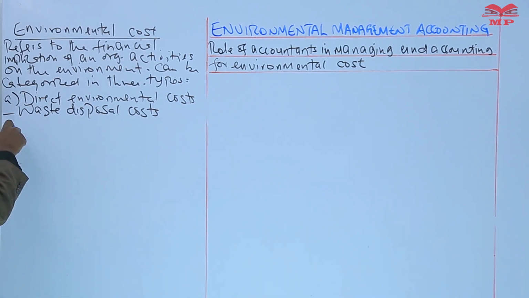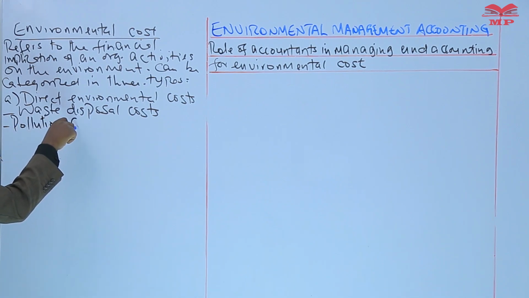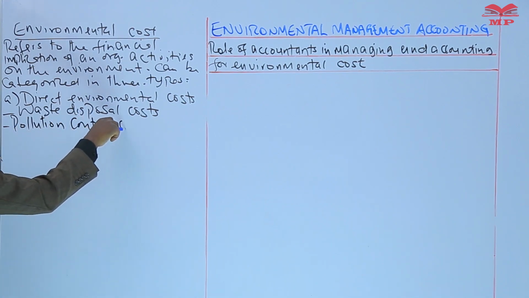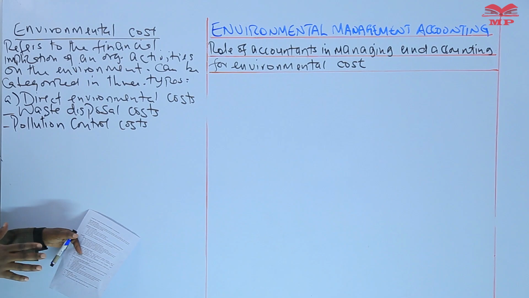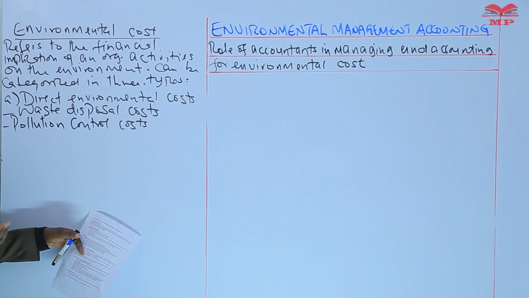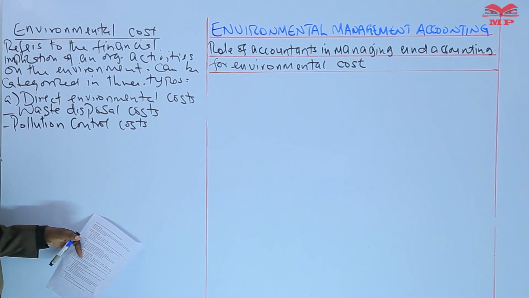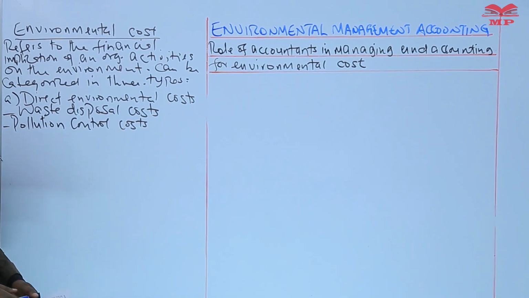Then we have pollution control costs. These are expenses incurred for installing and maintaining pollution control equipment such as air scrubbers, wastewater treatment facilities, and so on.